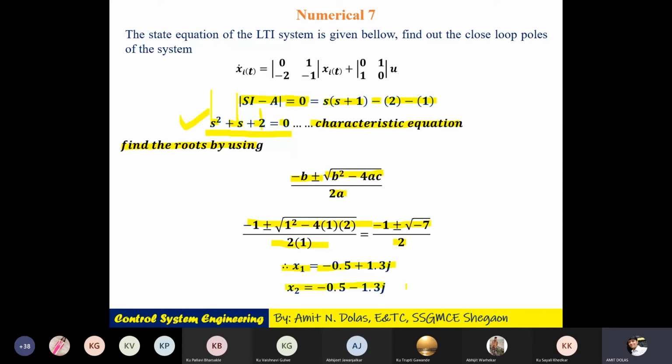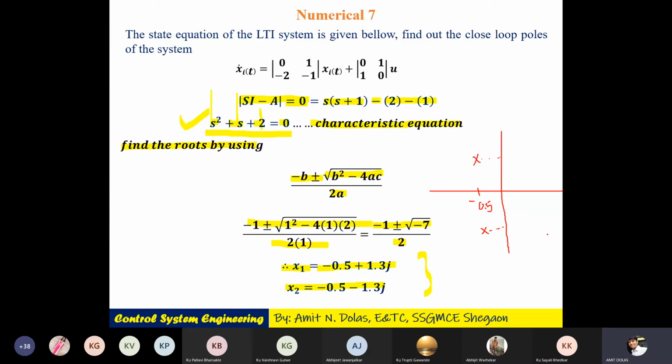Another root will be minus 0.5 minus 1.3j. Of course, if you wanted to plot, there will be an S-plane like this, and there will be minus 0.5 somewhere here. Minus 0.5 will be there somewhere, and somewhere here is the root, which is of course 1.3j and minus 1.3j.